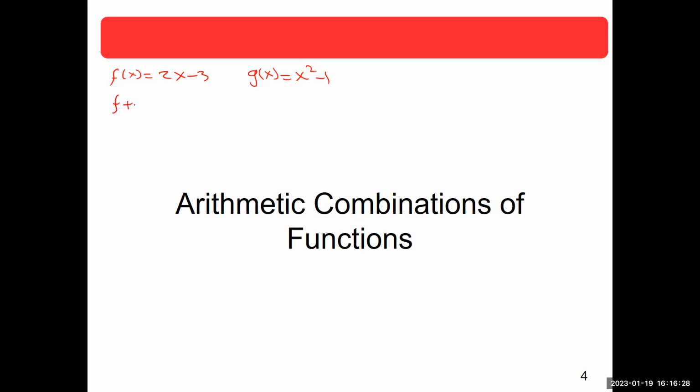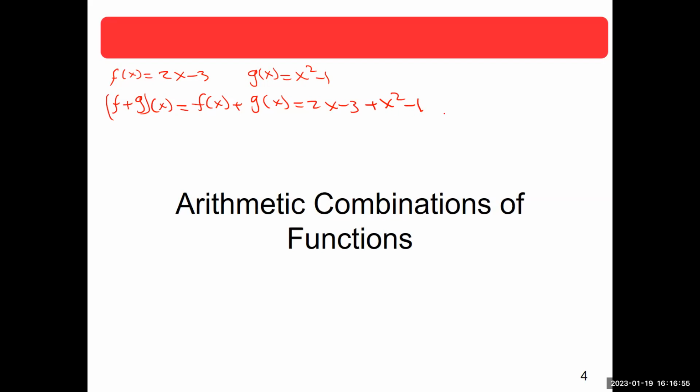f plus g as a function of x, that's not multiplication. That means f of x plus g of x, that's the same meaning, which means you say 2x minus 3 plus x squared minus 1.